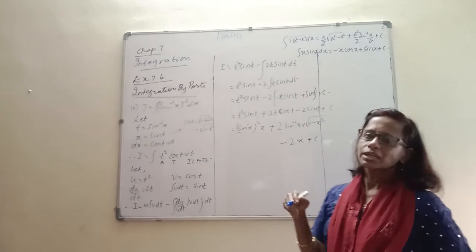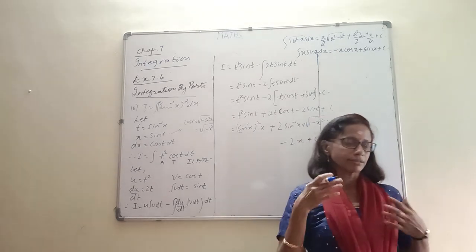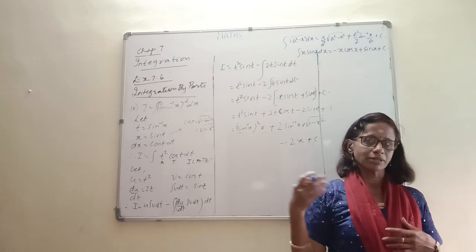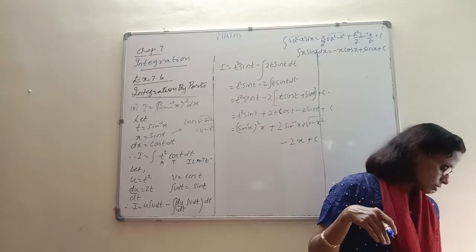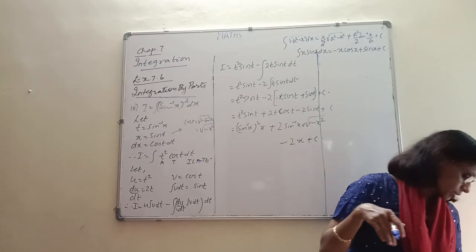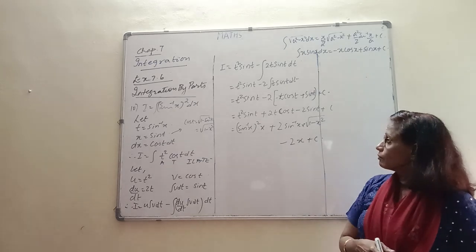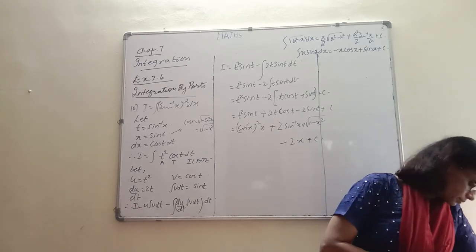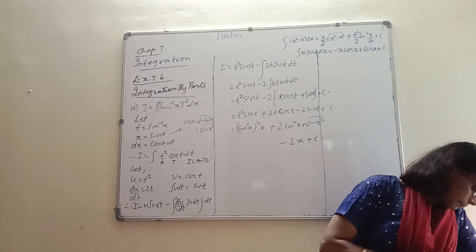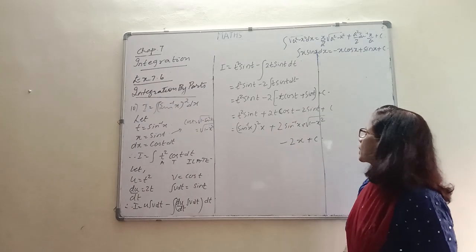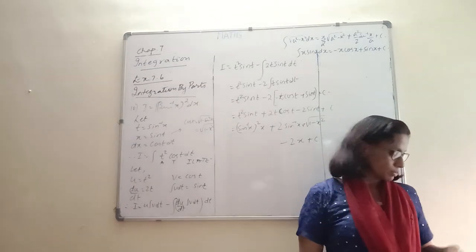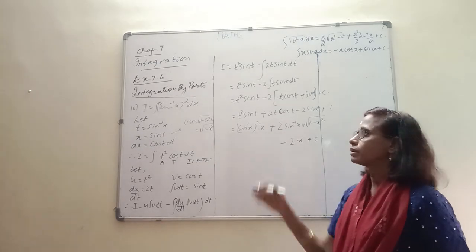So we've got everything in terms of x, since t was our assumed variable, so we had to get it back. I will just quickly check if everything is right. Perfect.